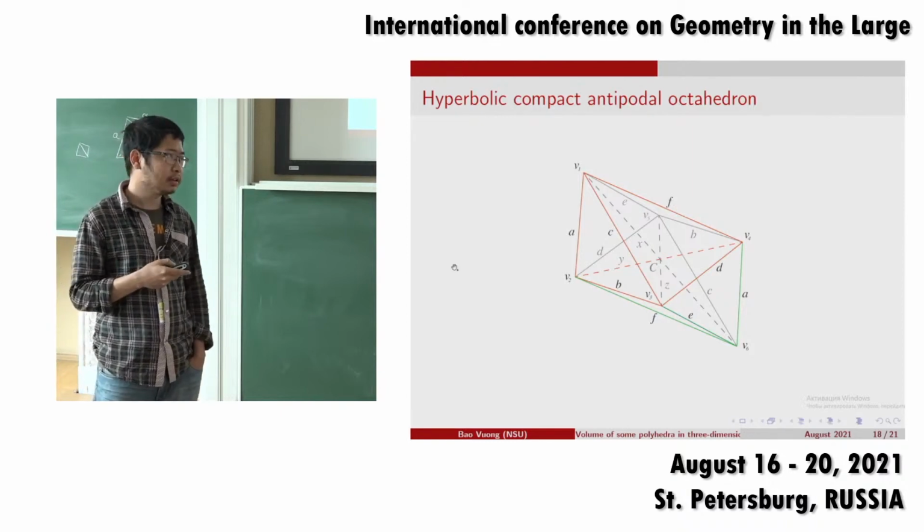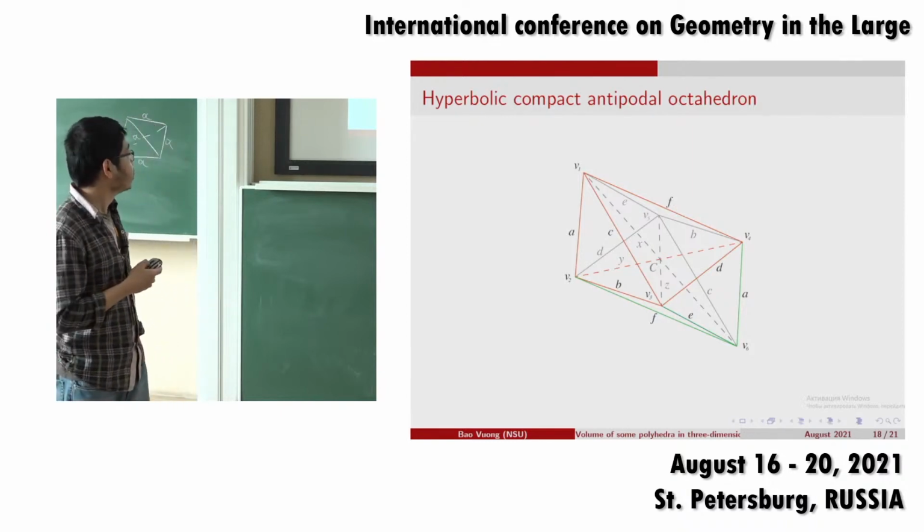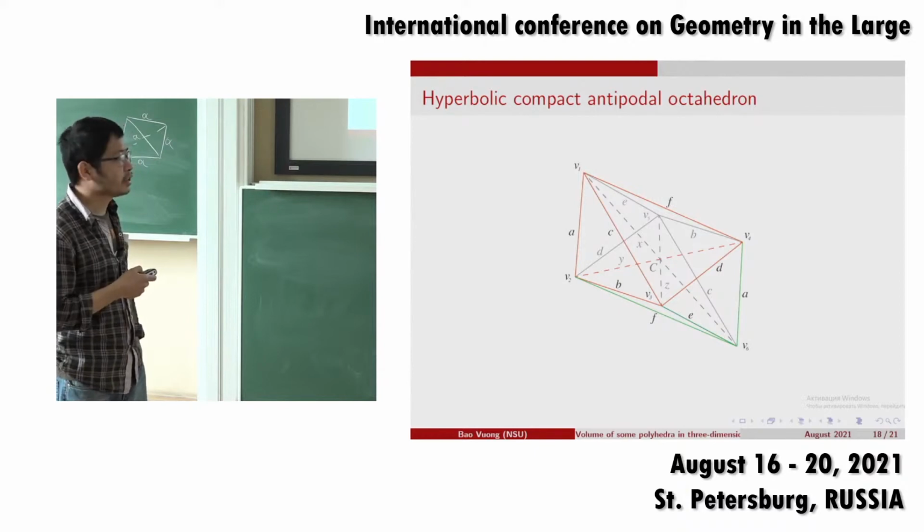polyhedra, but I show here only the hyperbolic compact antipodal octahedron, which is the octahedron with central symmetry through the point C in space.